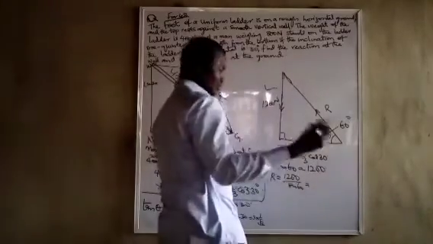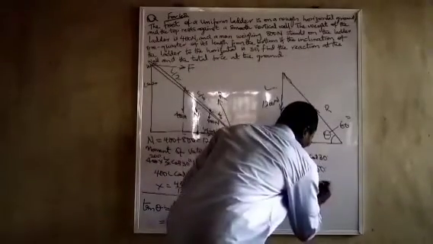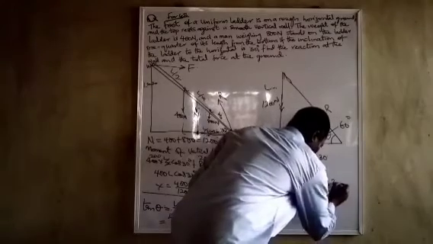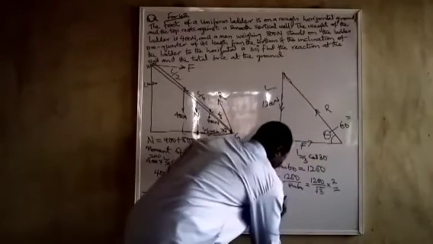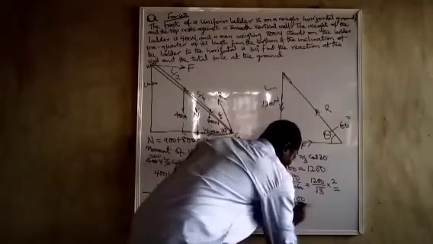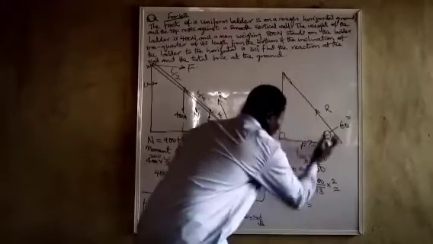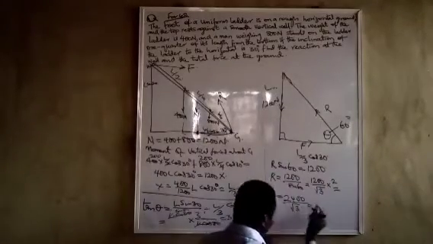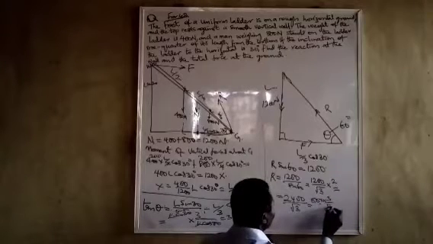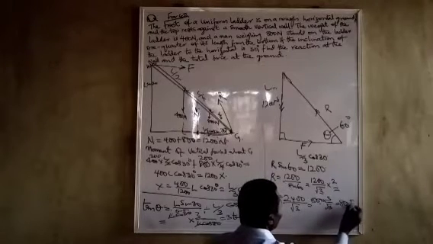And what is our sine 60? Root 3 over 2. So that will be 1200 over root 3 times 2, which will be 2400 over root 3. We know our ratios now, but I want to work this out. So this is 800 times 3 over root 3, which is 800 root 3.